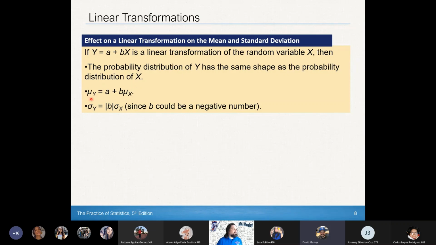The mean of y equals a plus b times the mean of x. And the standard deviation of y equals the absolute value of b times the standard deviation of x. Right? Since b could be a negative number, we have to have that absolute value in there. So in general, if we have a linear transformation, this is the effect it will have on the mean and standard deviation.